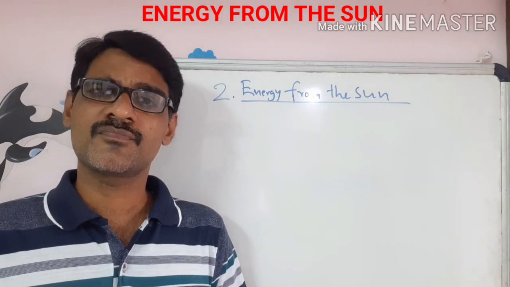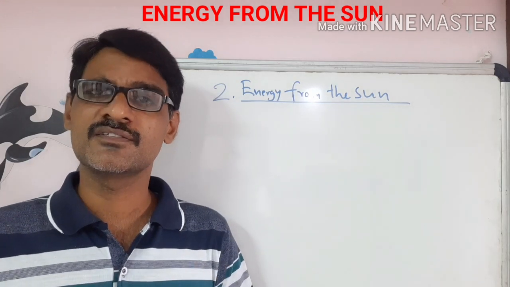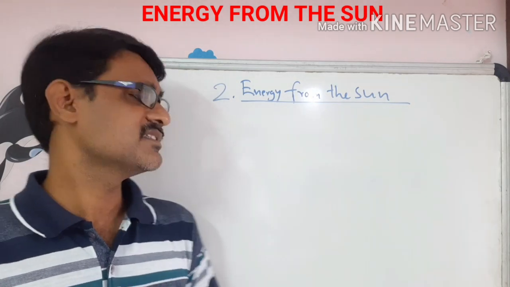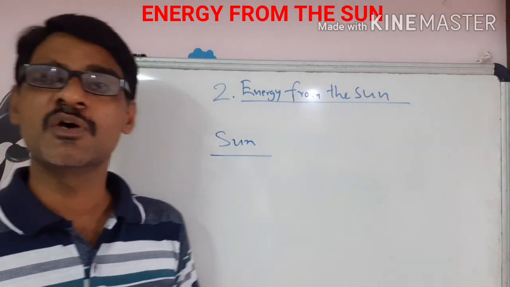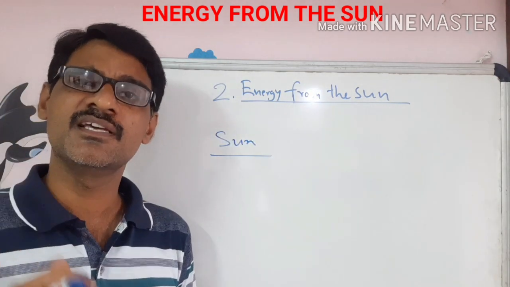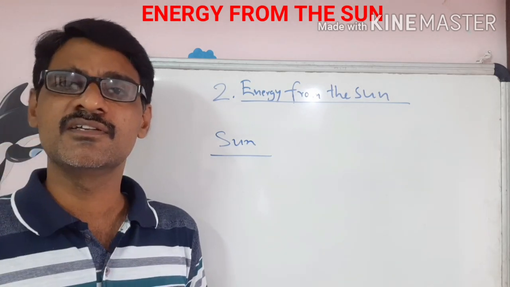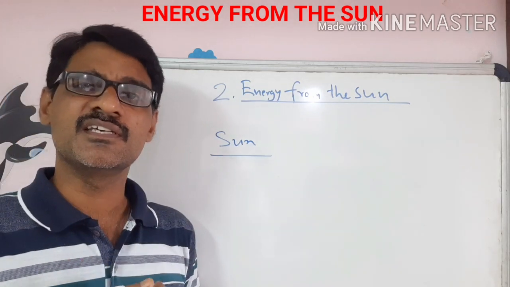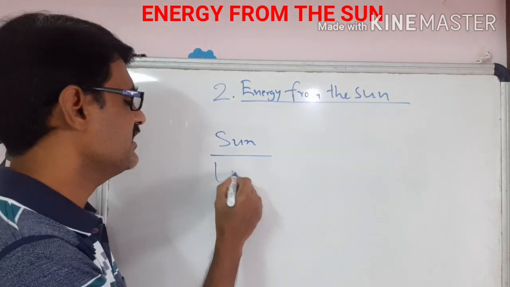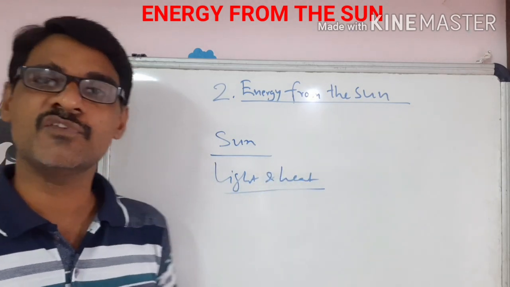Okay, so which is giving this energy? The sun is the principal source, the main source of giving this energy in the form of heat and light. So on the earth's surface, we are getting the solar energy in the form of light and heat. We can feel it.